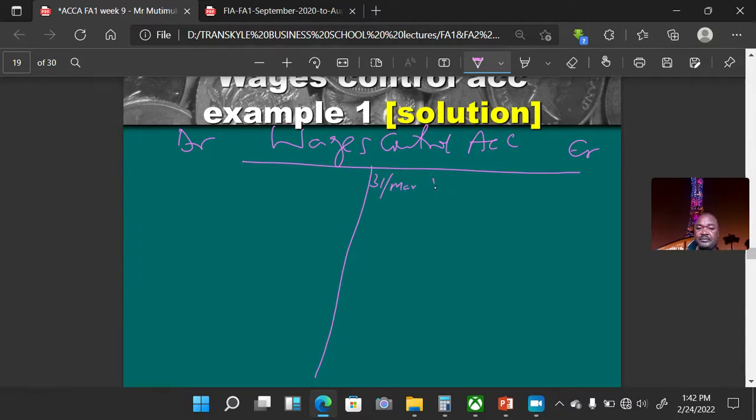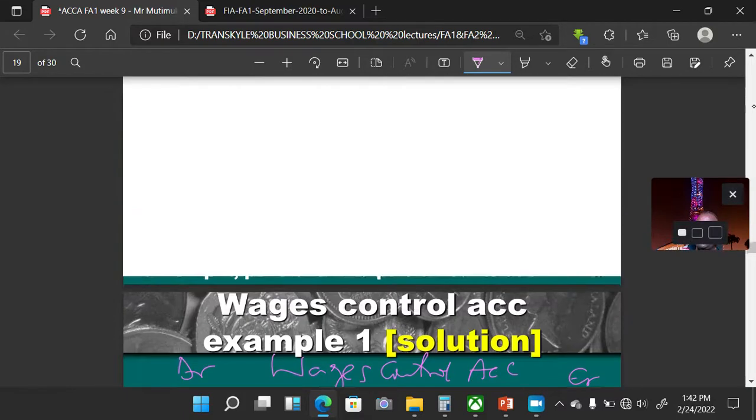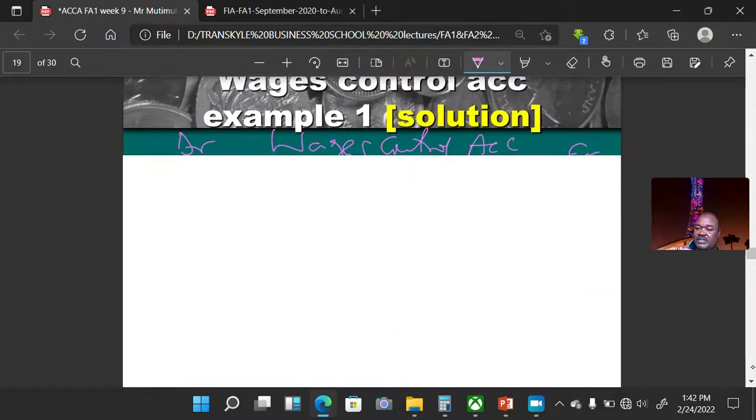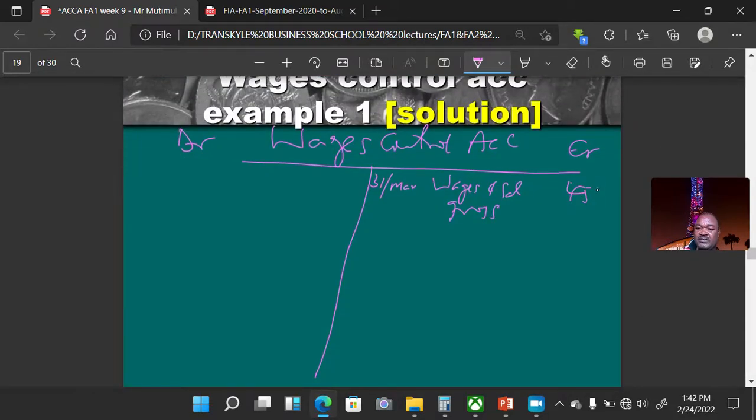And wages and salaries gross. We are told that the gross were how much? 45,000. You mustn't be confused with this. Then on 31 March again, the payroll taxes, but we only take the employers' payroll taxes.